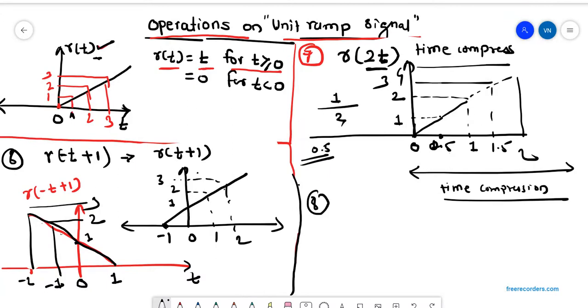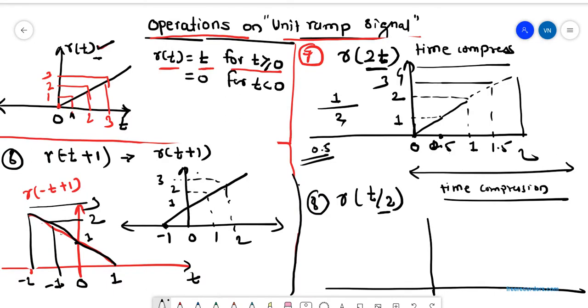If I take another example, if I change to r of t divided by 2, what is the meaning of this? The meaning is that I have to expand the time. Means the same signal I will write like this. Whatever the amplitude for 0, again obviously 0.